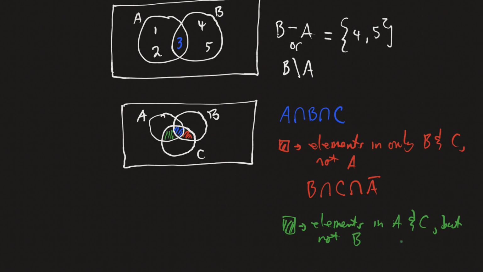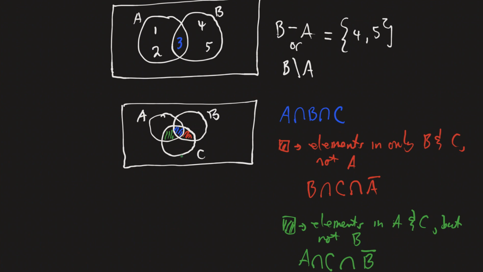So again, if you say it out in words and then just translate it: when you say and, that implies an intersection. When you say not, that implies a complement. So I want elements in A and C, and not B. And then that gives you a really nice way of identifying.